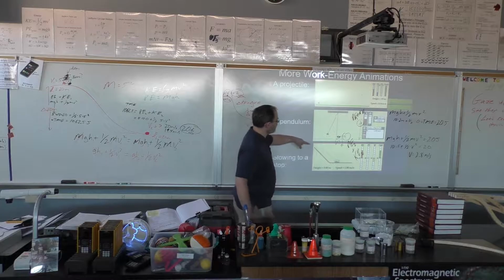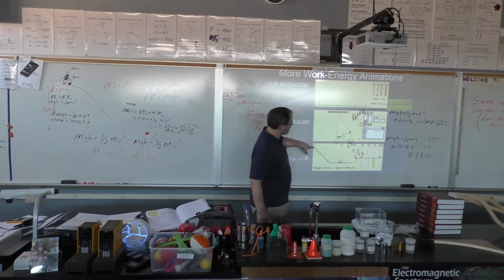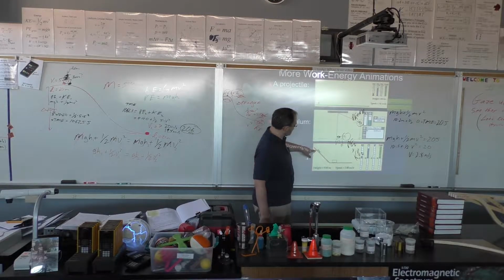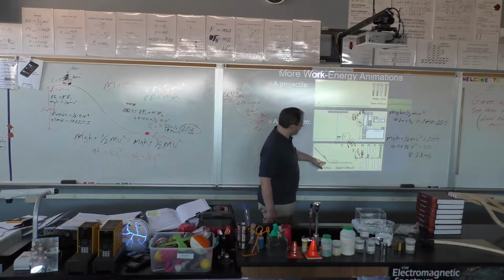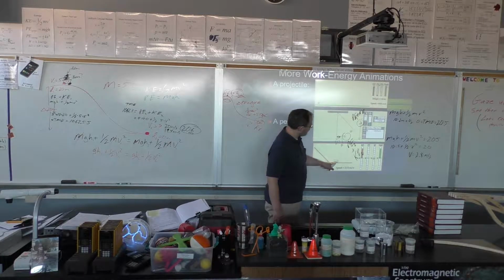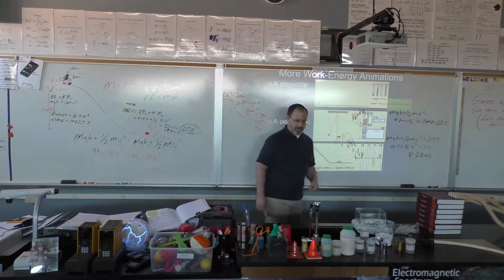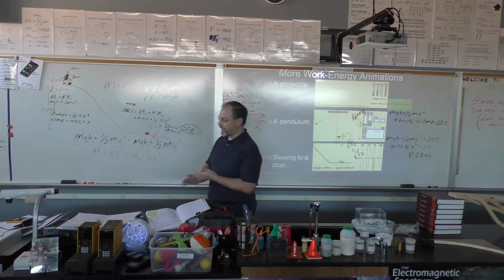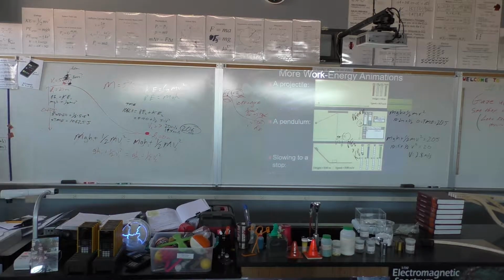You see what's going on here? The car's got a whole bunch of kinetic energy. It goes down the ramp, and at the bottom, all of the potential is turned into kinetic, and it grabs the box, and the box slides, and all that kinetic is arrested into friction, which is cute.